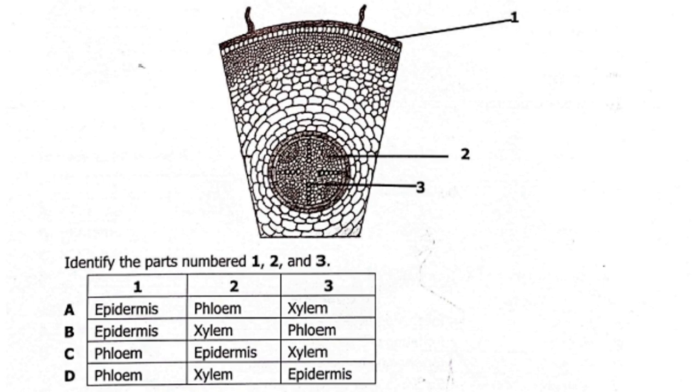Xylem. D. 1. Phloem. 2. Xylem. 3. Epidermis. The correct answer here is A. 1 is the epidermis, 2 is the phloem, and 3 is the xylem, because it's creating a star shape at the middle, while the phloem is in the arms of the star. So this is what is known as a dicot root.